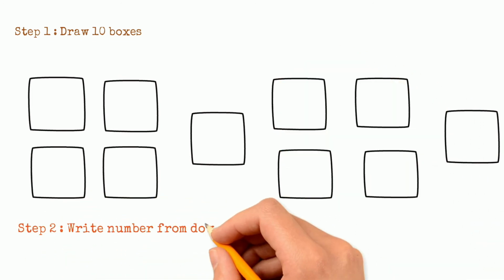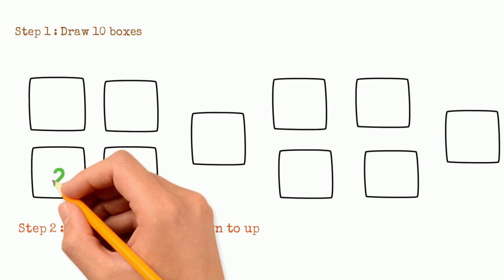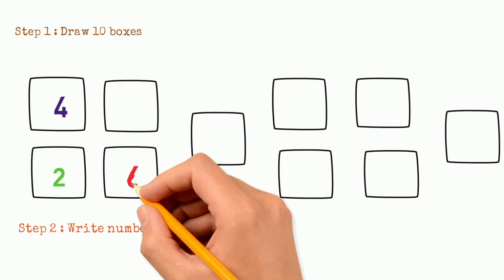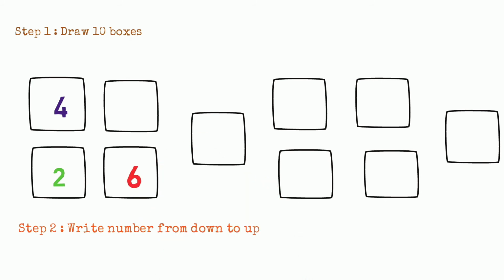Step number 2, write numbers from down to up. 2, 4, 6, 8. Make sure all the numbers are even numbers. 0.